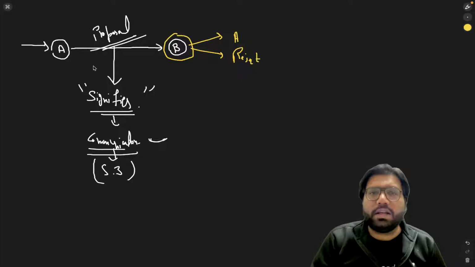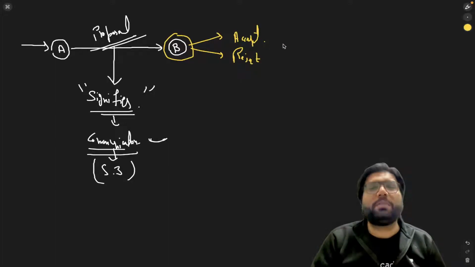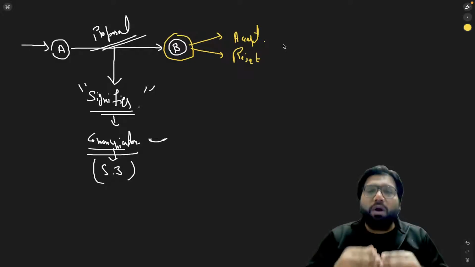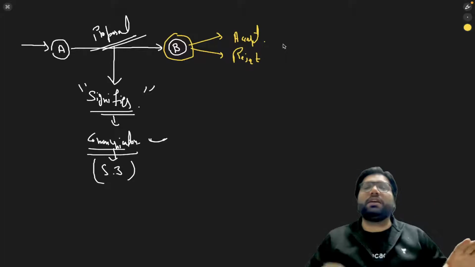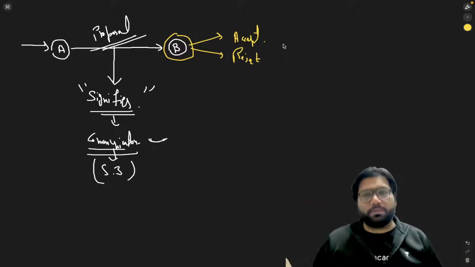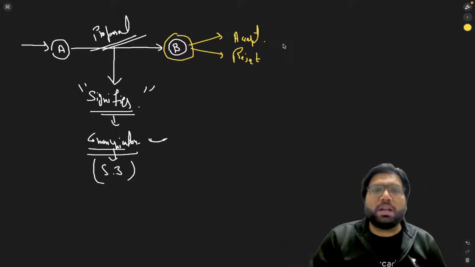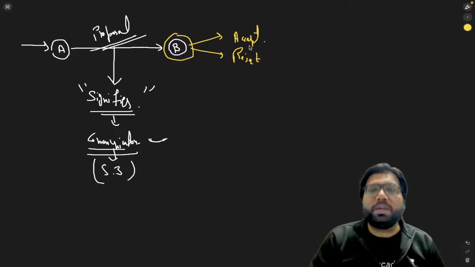That is completely a choice of Mr. B, because students, always remember, a proposal is always in the form of a request, which means Mr. A is only going to request Mr. B with his proposal. It is the complete discretion of Mr. B whether to accept or reject it.